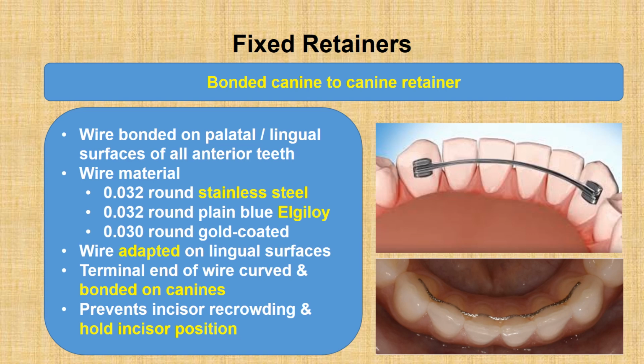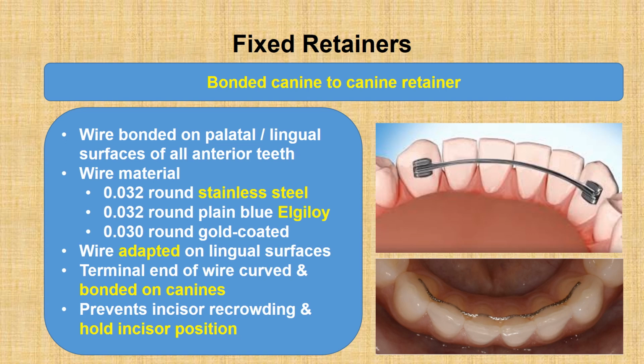Now the wire is adapted on the lingual surfaces of the 6 anterior teeth. The terminal end of the wire is curved and bonded on the canines. Now this retainer will prevent the incisors from recrowding and holds the incisor position.